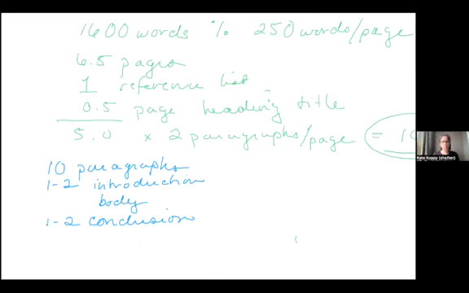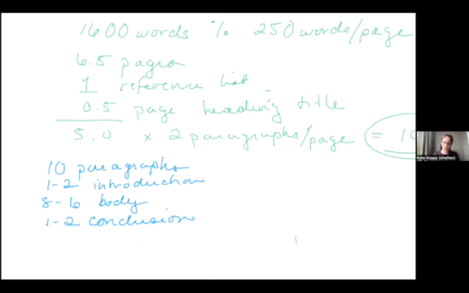So what does that leave us for the body of your essay? We can do some subtraction here again. So from 10, that leaves us with 8 to 6 paragraphs for the body of your essay. So 8 is still a pretty good number of paragraphs. 6 is starting to feel a little small, don't you think?